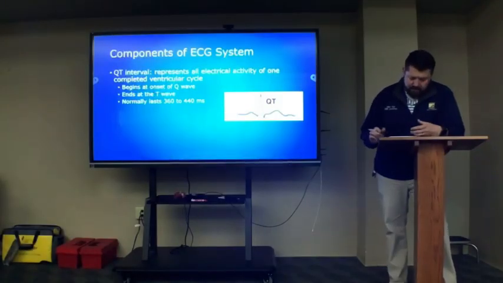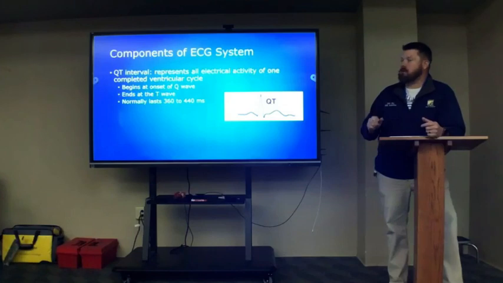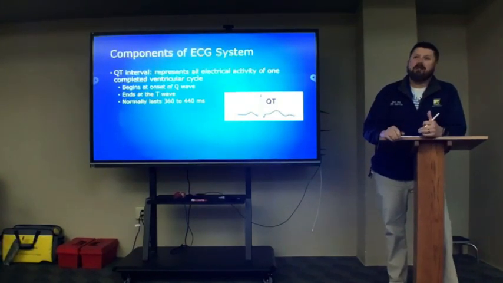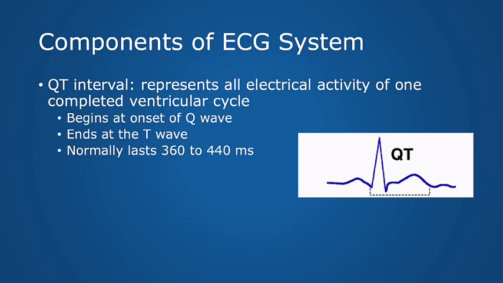The QT interval is not something that we measure in our basic EKG monitoring, but as you get more experienced, you want to start looking at the QT interval, because there are several things that can affect it. Electrolytes: what's one of the main electrolytes that affects the QT interval? Calcium.